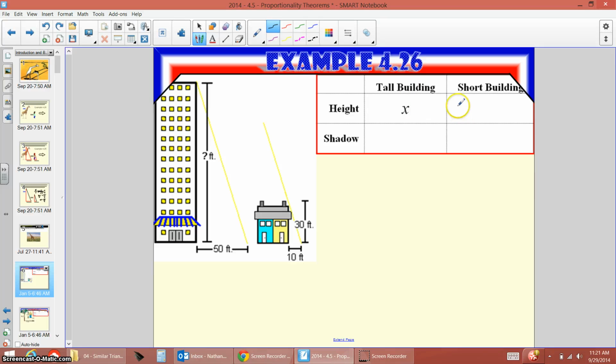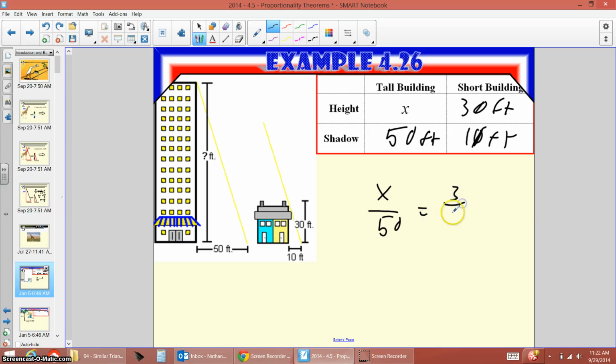The height of the short building, we know it's 30 feet. The shadow length here for the tall building is 50 feet. And the length here is 10 feet. So when I cross these off, I can reduce this fraction down, and I'm left with x over 50 is equal to 3/1.